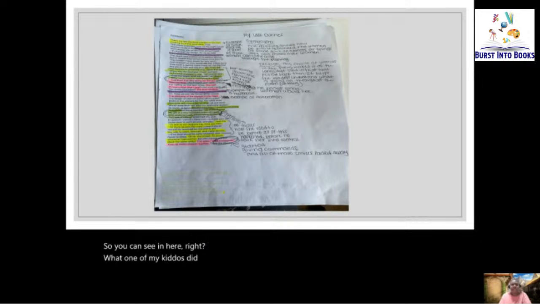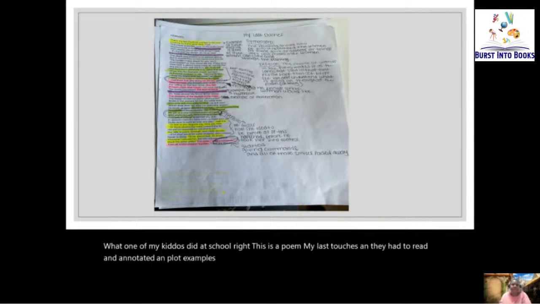I have a couple of student examples here to show you. You can see what one of my kiddos did at school. This is a poem, My Last Duchess, and they had to read and annotate it and pull out examples of literary devices. You can see what she did.